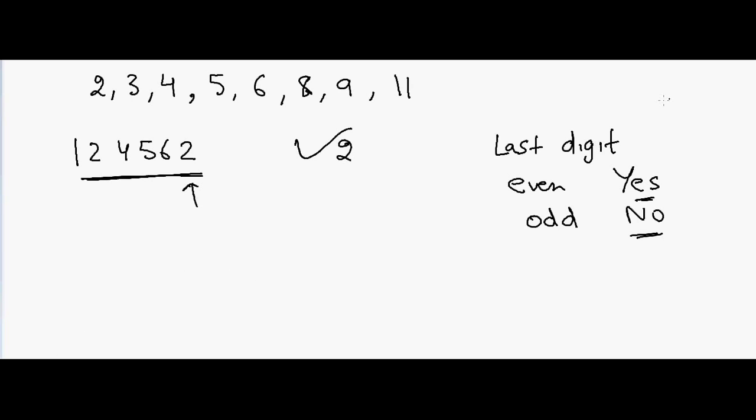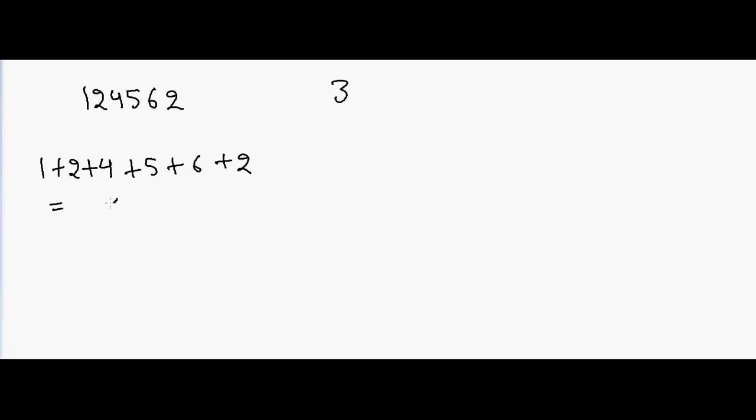Now let's talk about division by 3. If I have 1, 2, 4, 5, 6, 2 again, and I'm looking at whether it's divisible by 3 or not, what I'll do is add all these digits together. So 1 plus 2 plus 4 plus 5 plus 6 plus 2. That gives me 3 plus 4 is 7, 7 plus 5 is 12, 12 plus 6 is 18, plus 2 is 20.